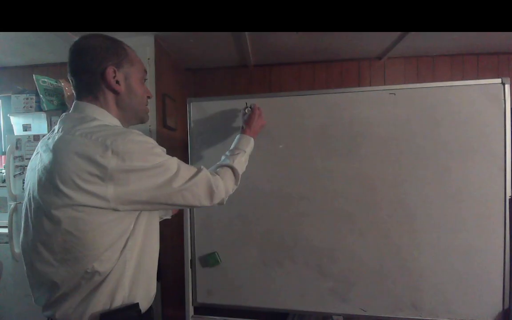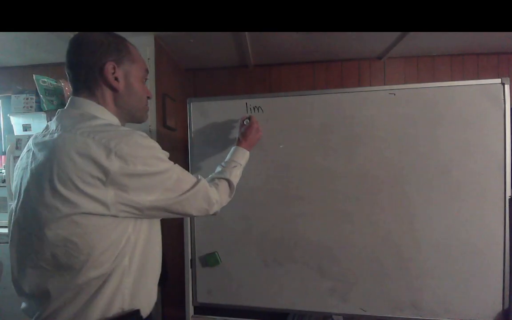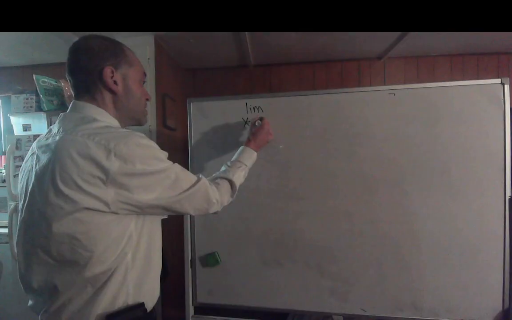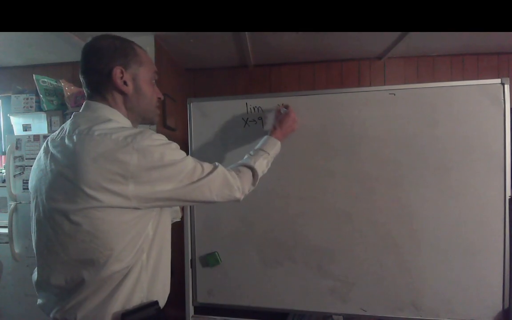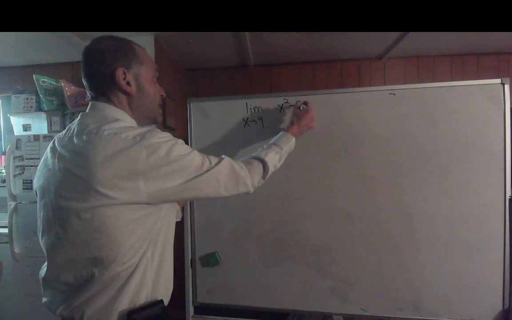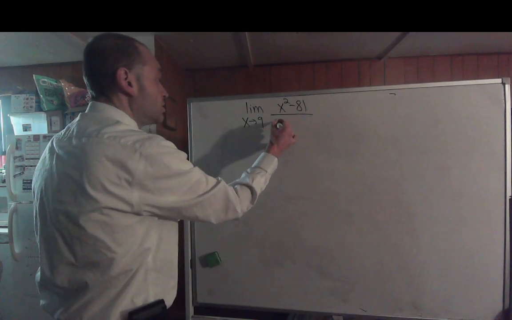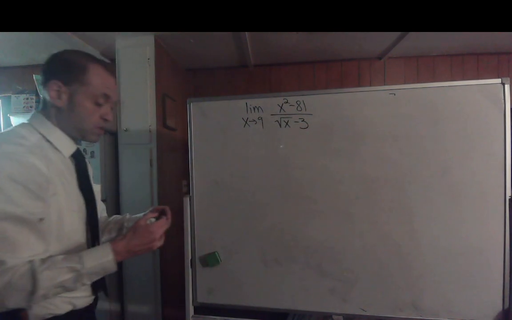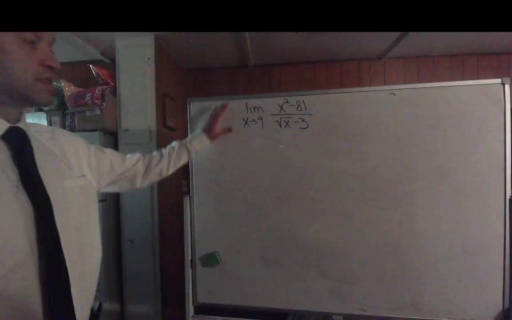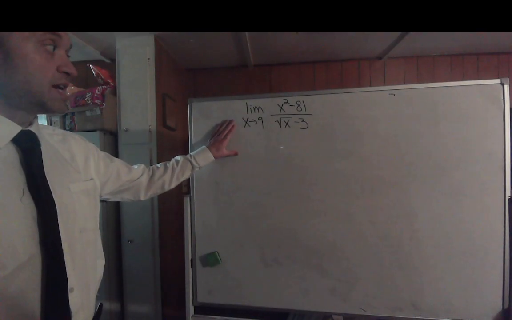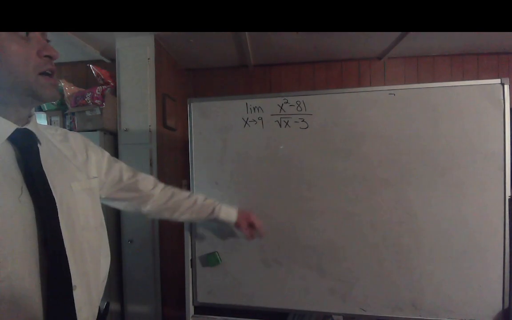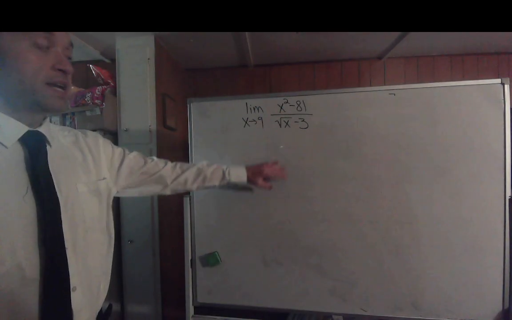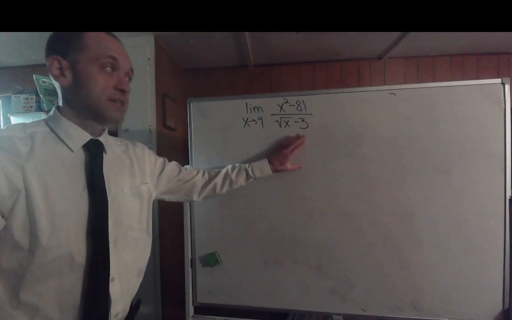We have the limit as x approaches 9 of x squared minus 81 all over the square root of x minus 3.